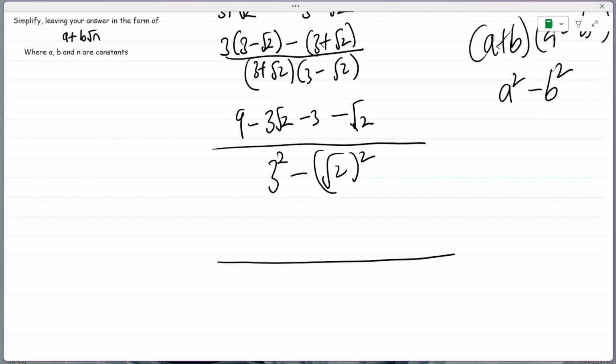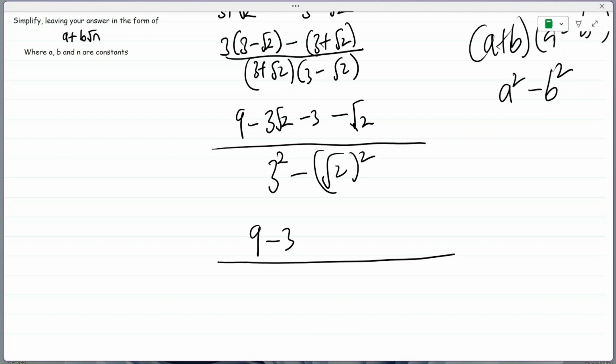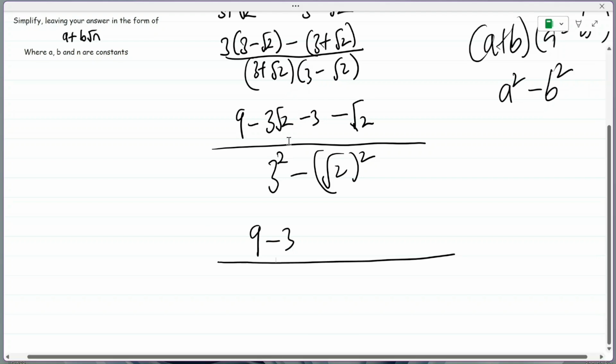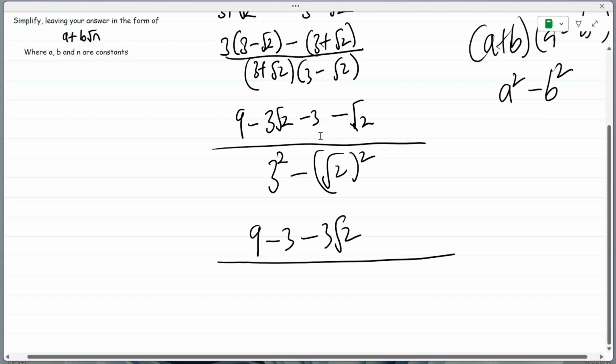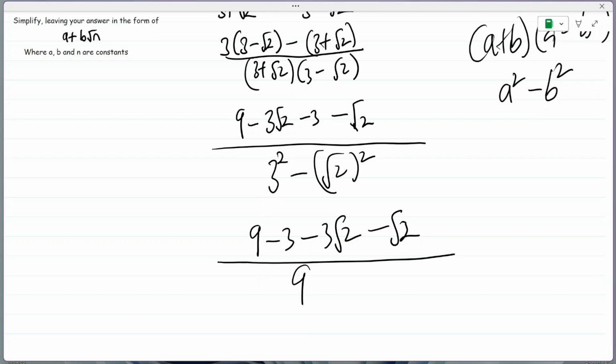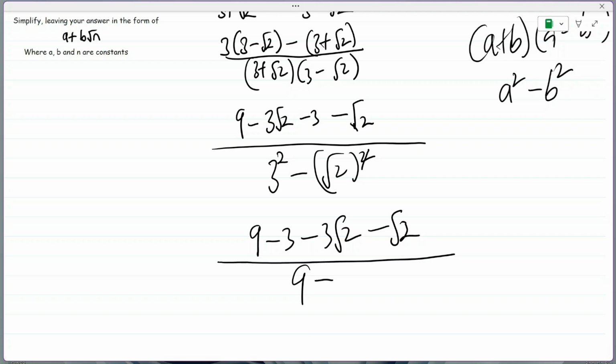We rule our line, 9, then this minus 3, then you have minus 3 root 2, minus 3 root 2, then behind you have minus root 2, we collect like terms. Below, at the denominator, you have 3 square as 3 times 3, that's 9, minus root 2 square. We cancel the square root, you'll be left with 2, so 9 minus 2.